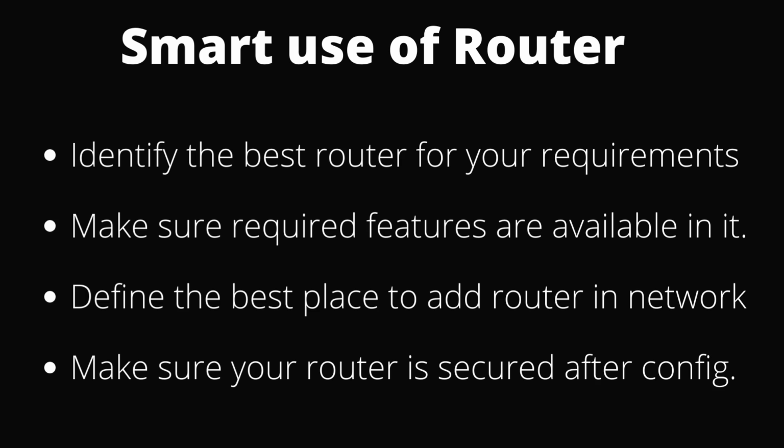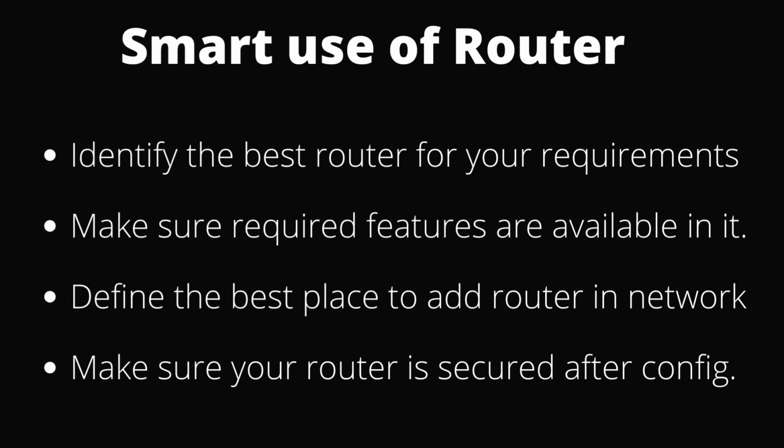Also define the best place to add a router in your network. If you are adding a router, you need to decide whether you put it in front of the WAN link or in front of the users. Where are you going to place it? Suppose you have a firewall and also a router, where do you want to put the gateway, on your router or on the firewall?